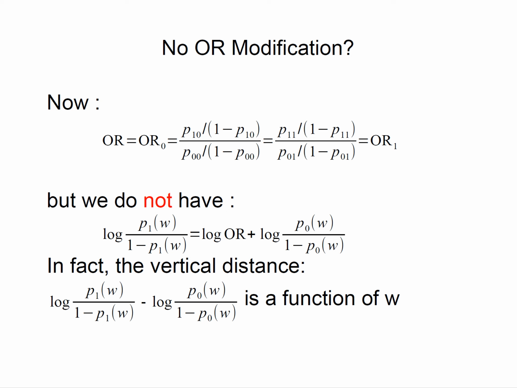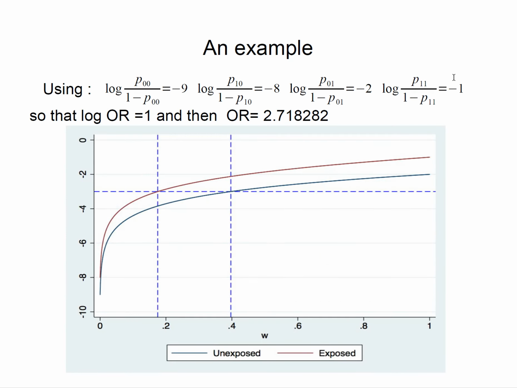Let's take a look at an example. If we take a circumstance, and a dramatic one perhaps you might be thinking, but it'll serve us here, that is that the log odds ratio in strata 0 is the same as the log odds ratio in strata 1.